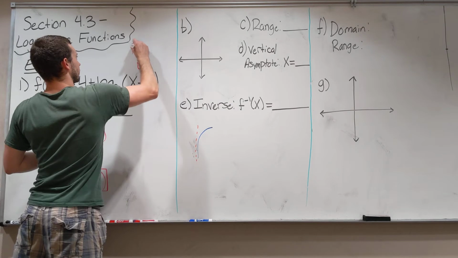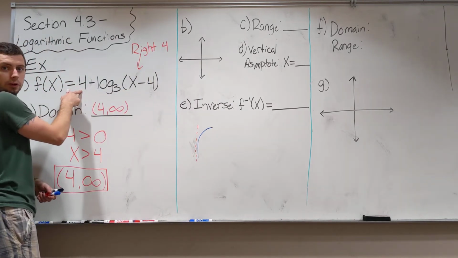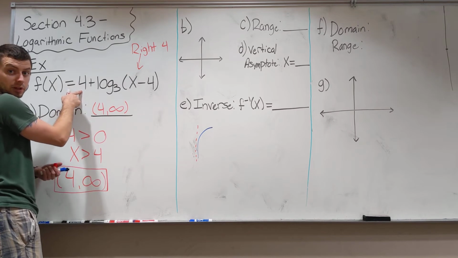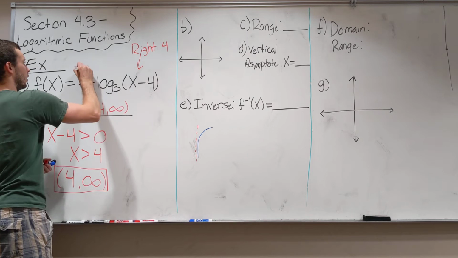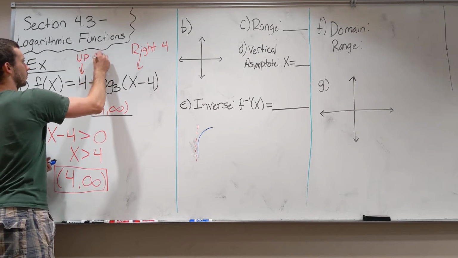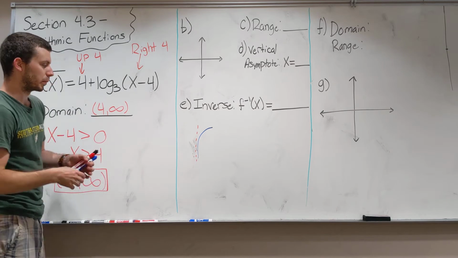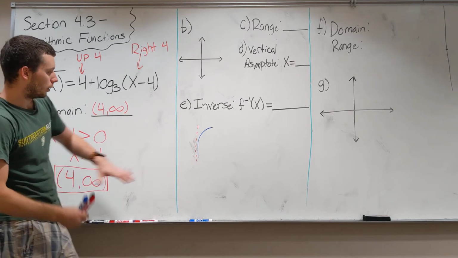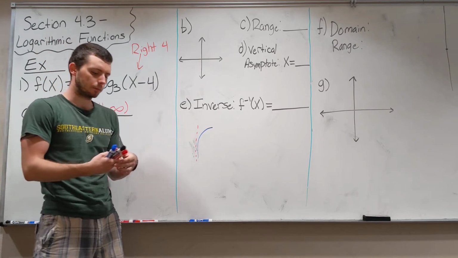It's to the right 4. And then this over here, so this one would be up and down because it's outside of affecting the x. So this one tells us up 4. And so once we figure out all of that information, that's how everything here will be translated.